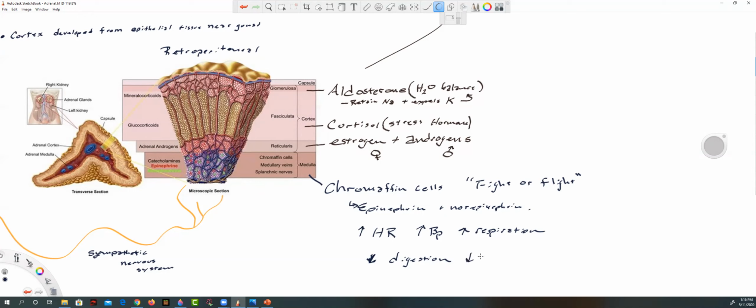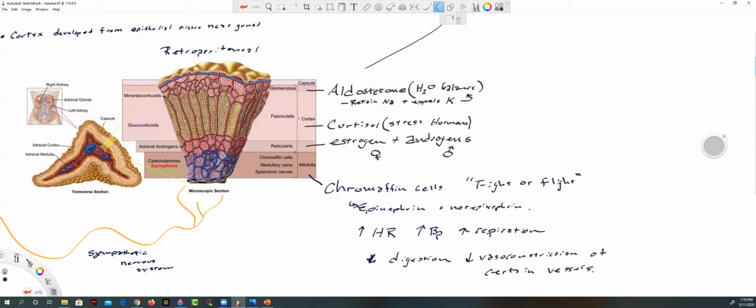vasoconstriction of certain vessels. So vasoconstriction of the smaller vessels, the mesenteric vessels, the SMA, the IMA.